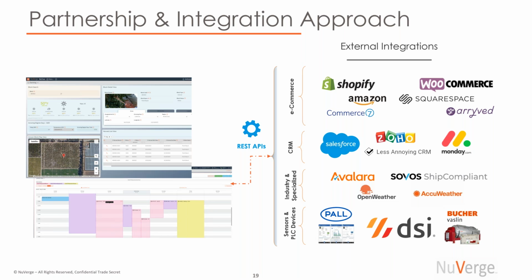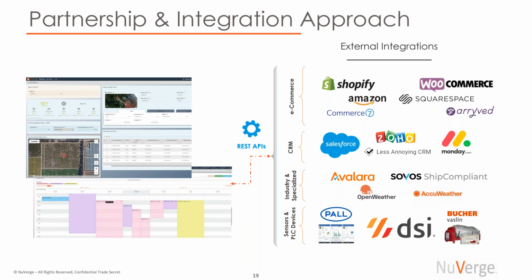Then we have our industry and specialized areas. Obviously, we go well beyond just OpenWeather or AccuWeather. Those are two that we're using for our demo purposes, but we can go to any weather system. In fact, what Patrick mentioned is PLC devices, so weather stations that might be in your harvest, in your locations, your actual blocks. If they have their own weather sensors, we can talk to those as well and use that data.